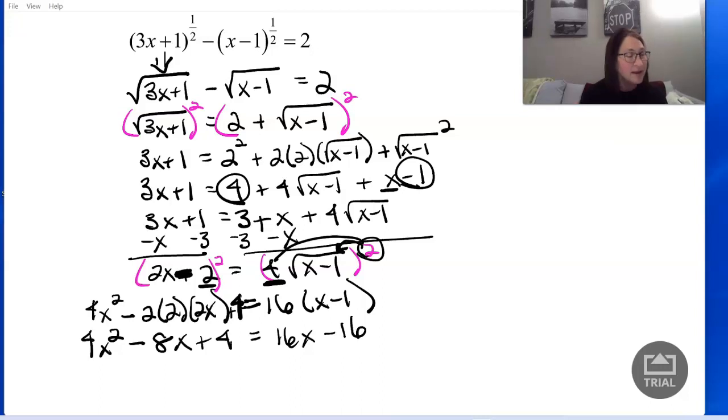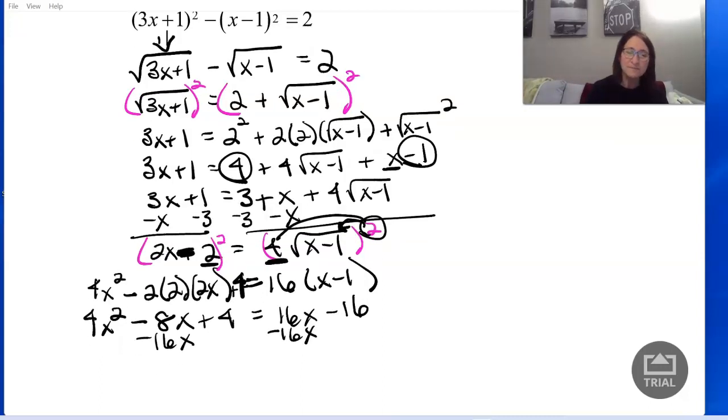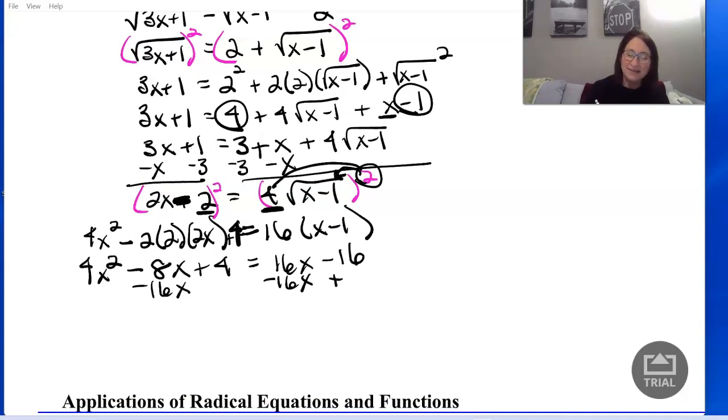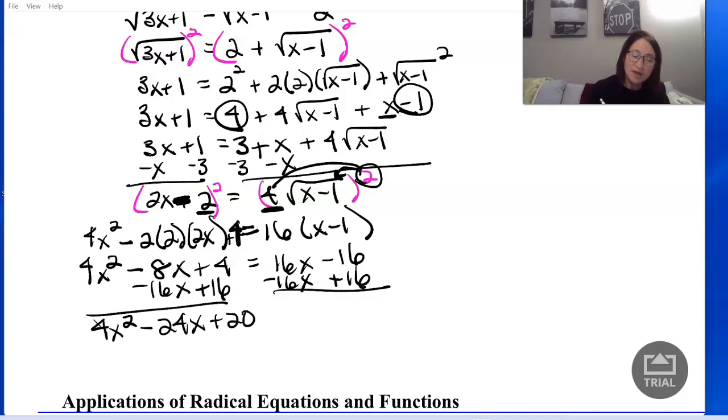Let's go ahead and get all of our values over on the left. So I'm going to subtract 16x, subtract 16x. I'm going to add 16, add 16. So I'm left with 4x squared minus 24x plus 20 equals 0.